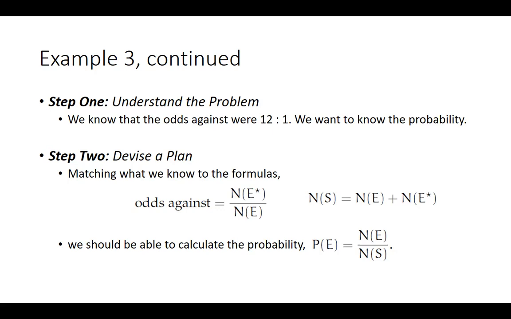So we're going to use these 3 formulas to figure out what we need to know. Again, odds against would be N of E star over N of E. N of S would be N of E plus N of E star. And P of E equals N of E over N of S.